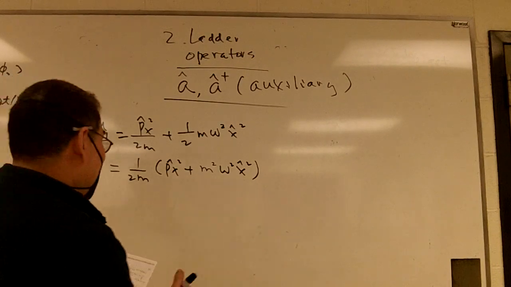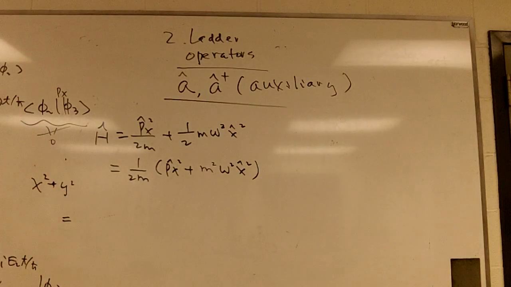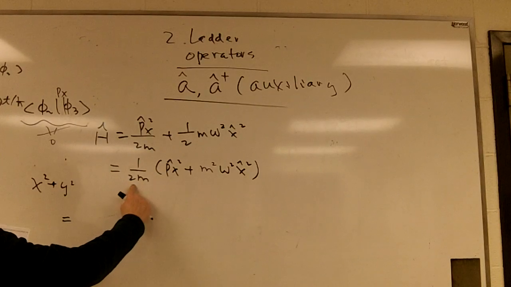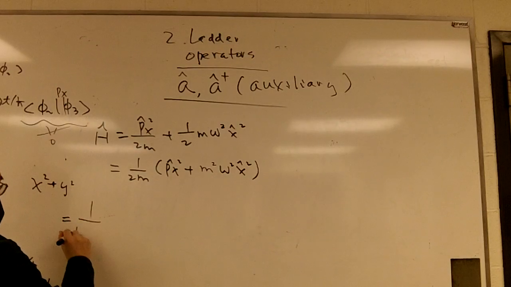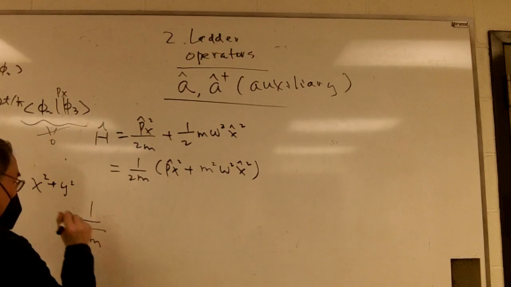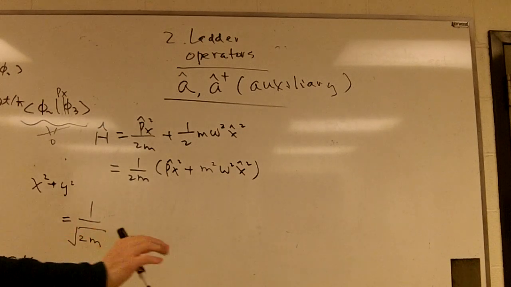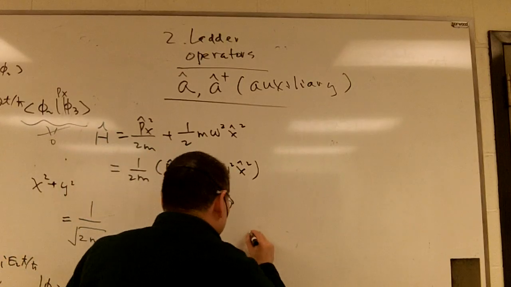Now what I do next is split this into two different terms. Folks, did you see I have a 1 over 2m? I split this 1 over 2m into 1 over square root of 2m, and then I have another term. Folks, I'll leave some space here.